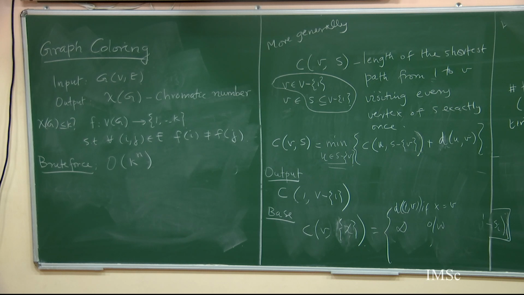So, can you think of a recursive formulation? What is a color class? Yes, and they have to be independent, because it is a subset of vertices that get the color class.